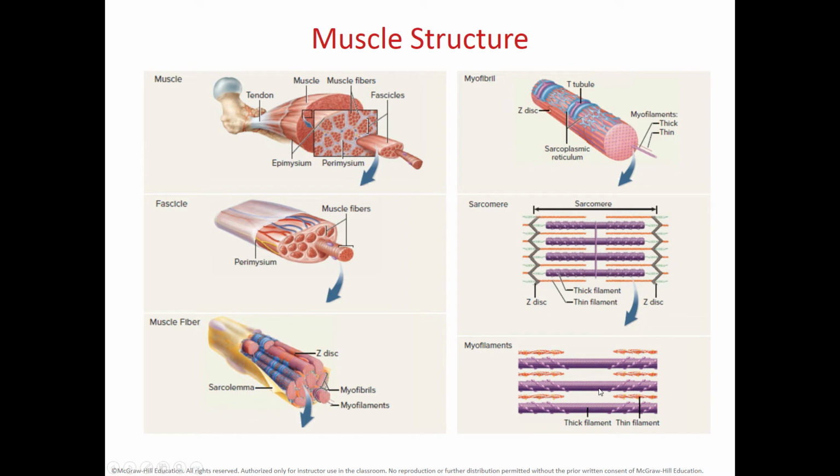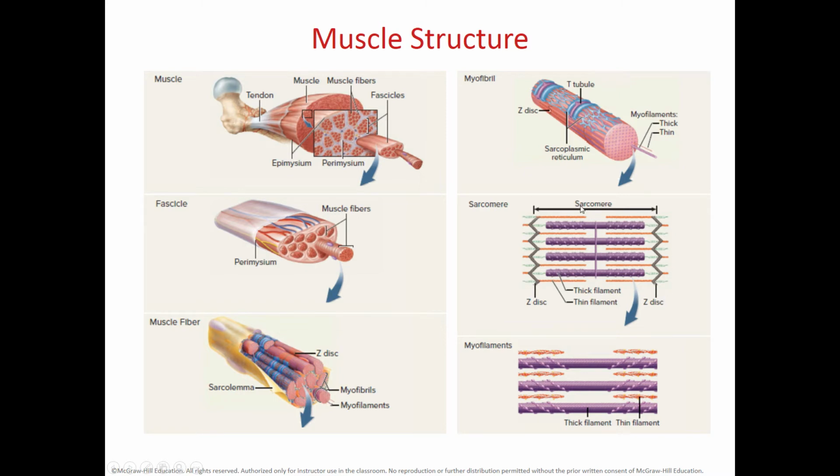And then the sarcolemma that protects the muscle fiber also protects the sarcoplasmic reticulum, which is the calcium storage unit for the muscle fibers, and it also protects these thin and thick filaments, which are the myofilaments. Now, we're going to see more details about the sarcomere and the myofilaments, but the sarcomere itself is a unit or a segment located between two adjacent Z discs.